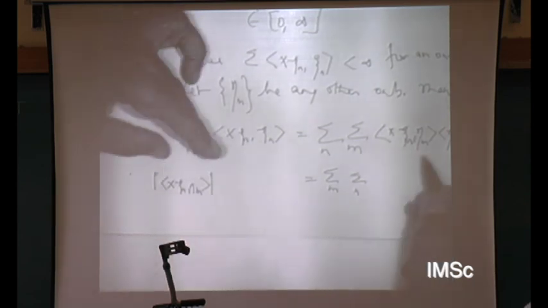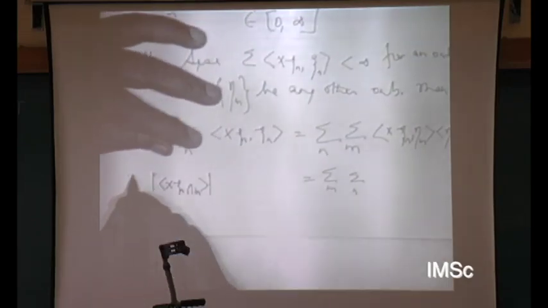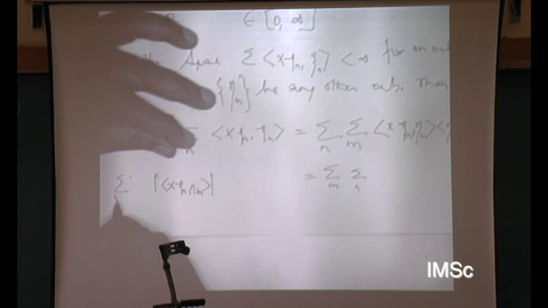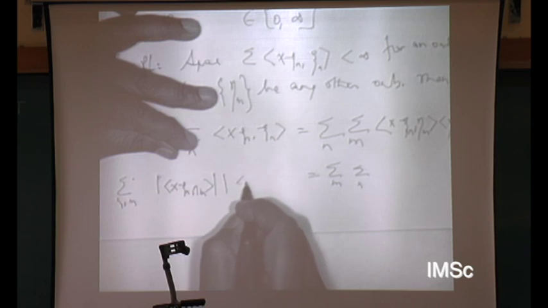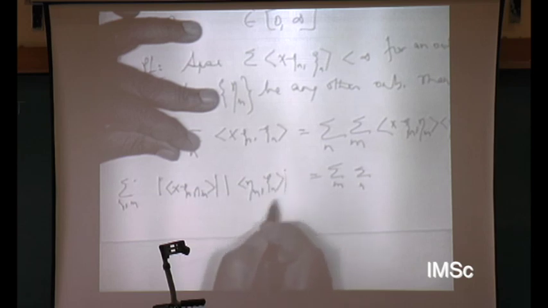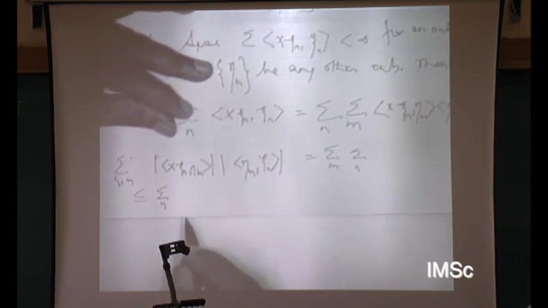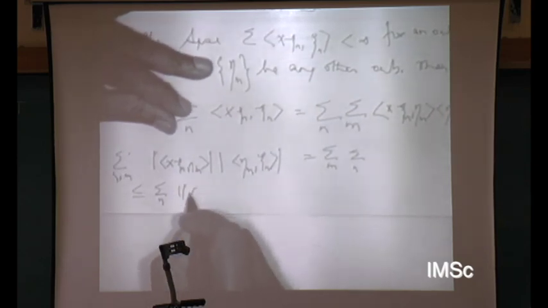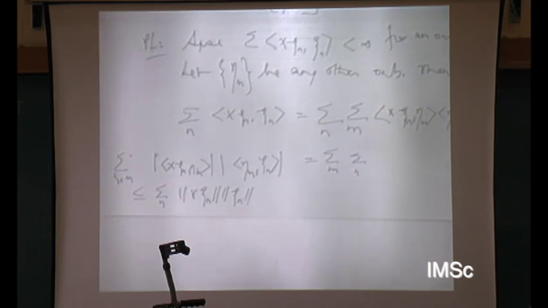So as m varies, there is an L2 sequence, and so I want to say sum over n, sum over m. Right? I am applying Cauchy-Schwarz in little l2.